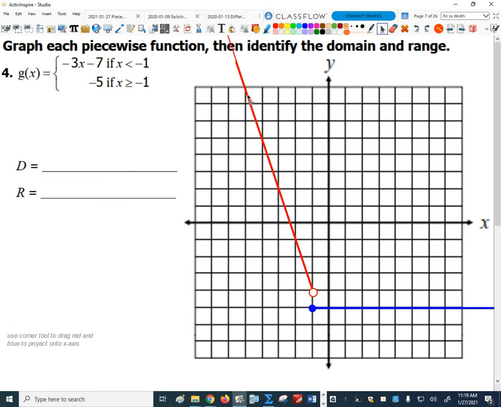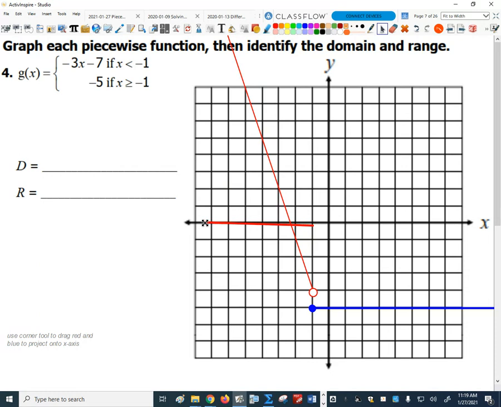It means that every single point on this red piece of my piecewise function is going to get smashed vertically up or down onto the x-axis. So it's going to look like this. So like this piece right there is going to go straight up to there. This piece over here is going to go straight down.